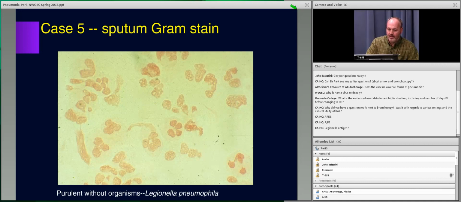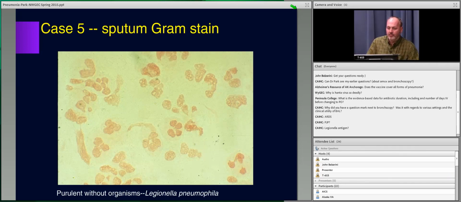So, yeah, here's the gram stain from sputum. We didn't ever bronch him. But notice all the neutrophils and no organisms in sight. So now we can start saying this must be some odd virus or bacteria that doesn't show up on gram stain.